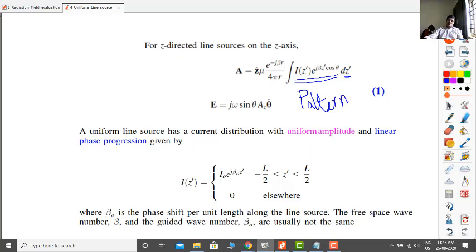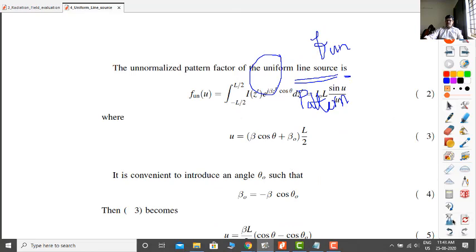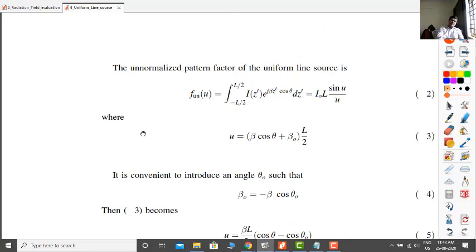So for the pattern computation, we need not worry about these portions, because they only control the amplitude. This integral we can refer to as some function f_un, the unnormalized pattern function. So we take this as the unnormalized pattern factor of the uniform line source, f_un of u.